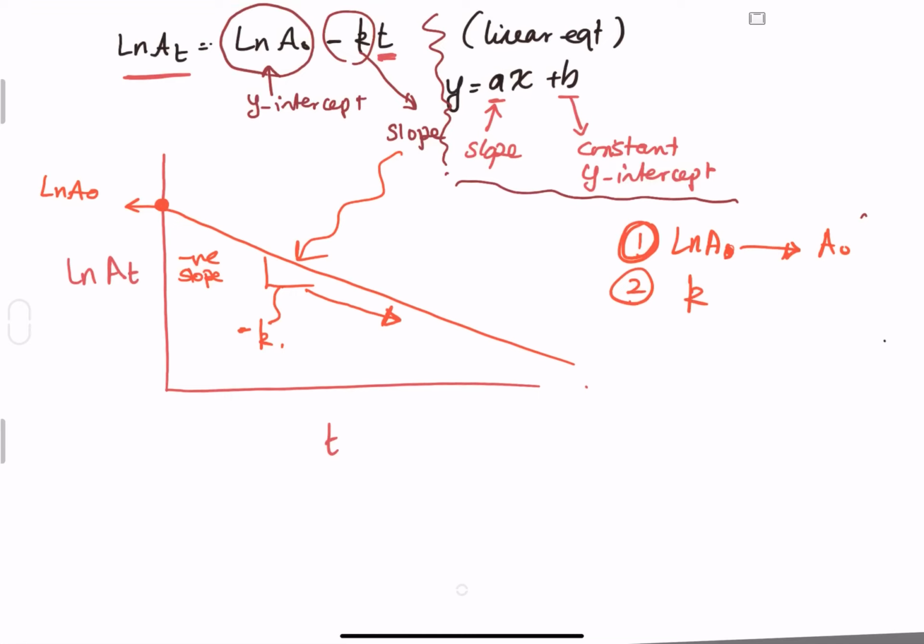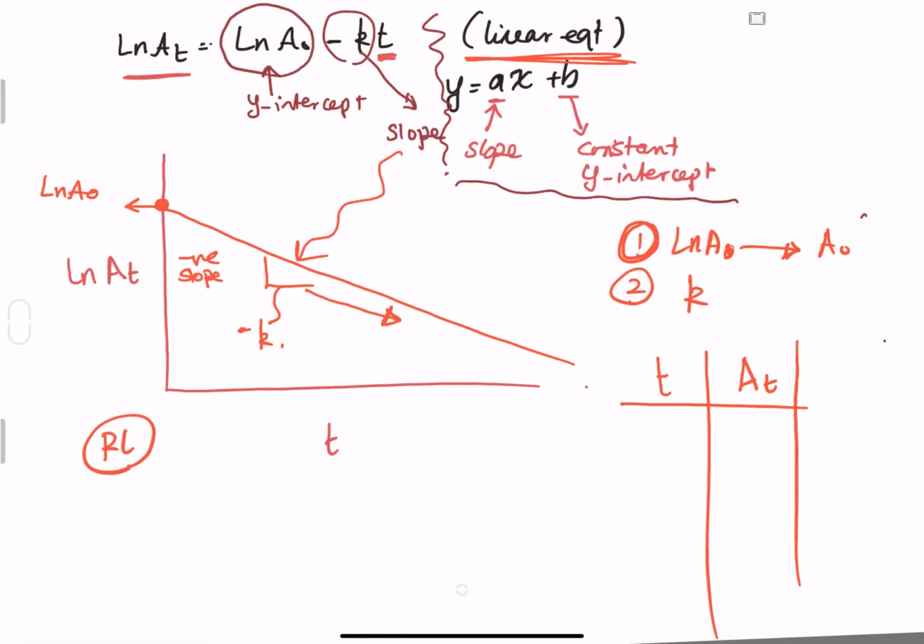Okay, and this is on a rectilinear graph, and again, remember this is a linear equation. What we draw here, if you have data, we have time, we have the amount at a certain time, and then we took ln A at a certain time.